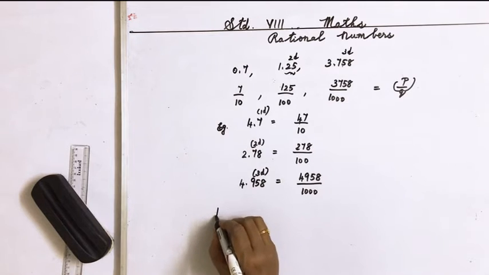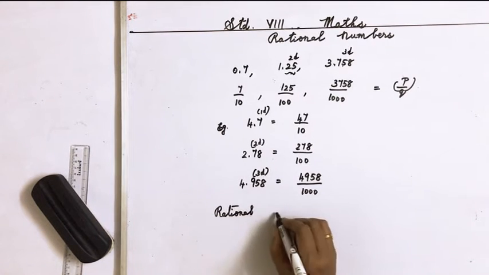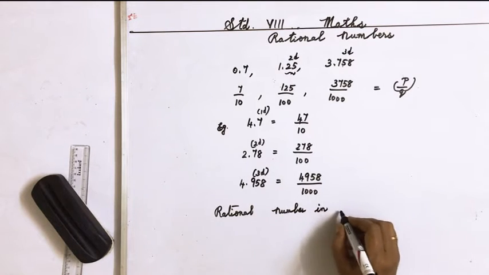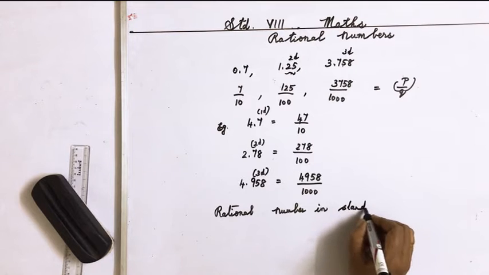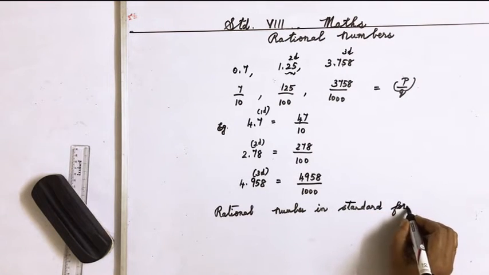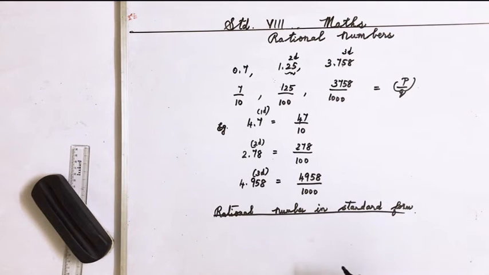Now we are going to see rational numbers in standard form. Already we know a rational number is of the form P by Q. What is called standard form?